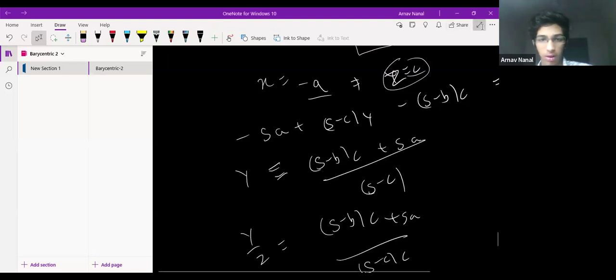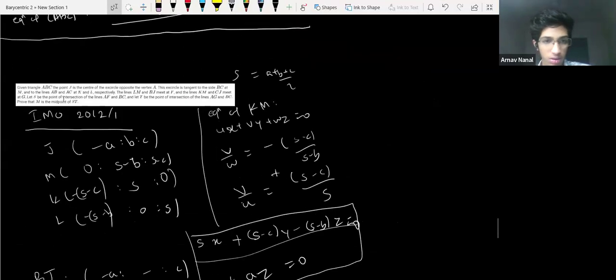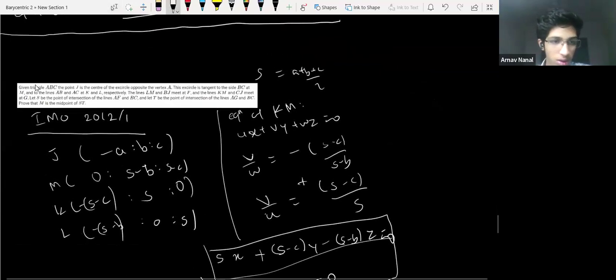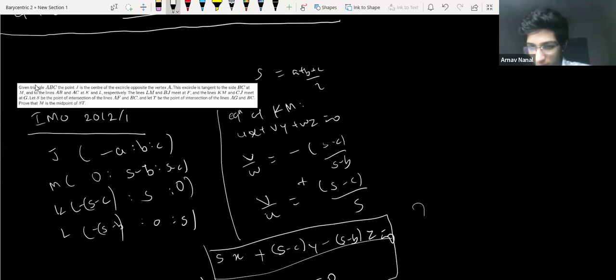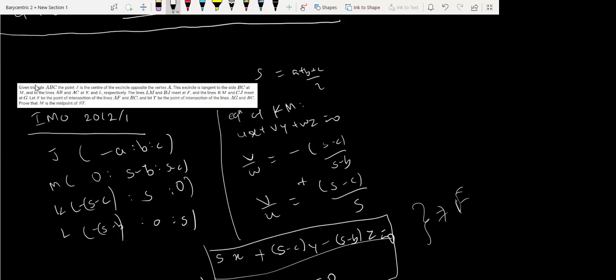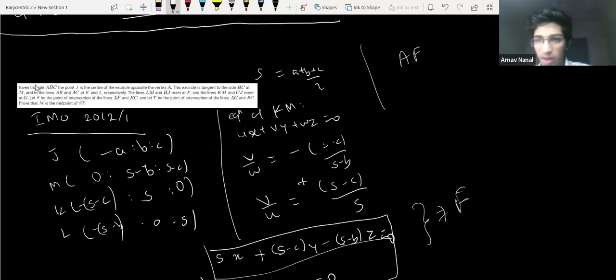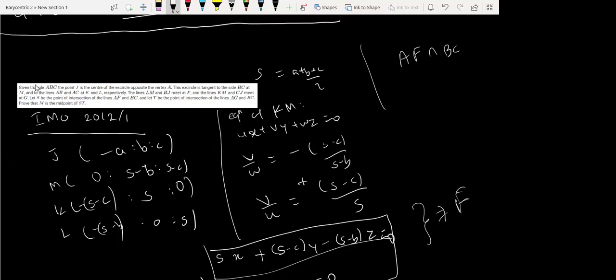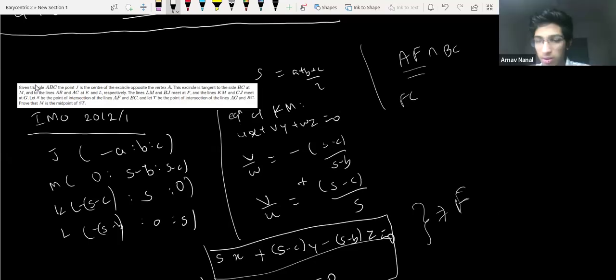If you see the question, what we got right now was F, right? F was what we calculated from these two equations. Correct. And now we want to find AF intersect BC. So if F is, let's say, some x is to y is to z, AF intersect BC is going to just be 0 is to y is to z. So we only care about this ratio. We don't really care about what x is.